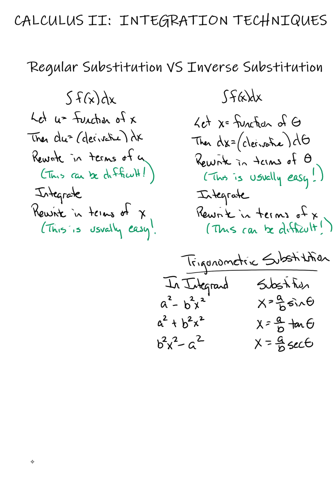I just want to quickly go over this so you can see the connection here. Let's take a look at that middle case. The other two cases are similar, but if we let x equal a over b tangent theta, then you'll notice that dx is a over b secant squared theta d theta.